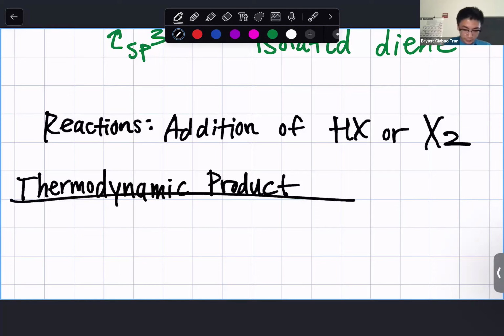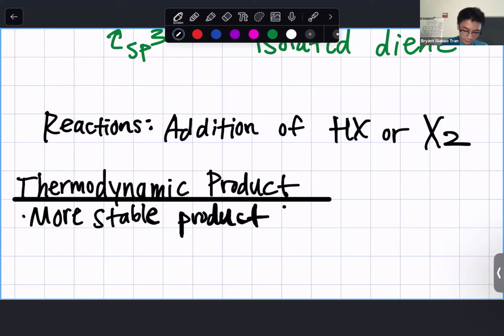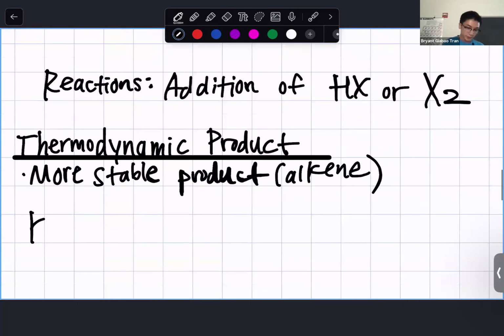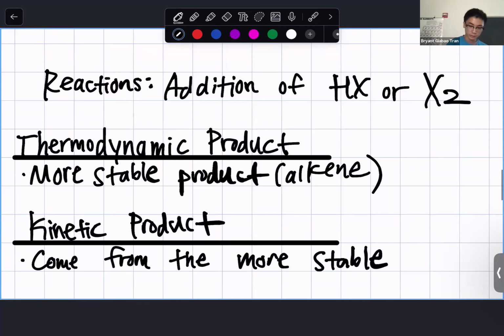The thermodynamic product will be the more stable product, like the more stable alkene in this case. The kinetic product will come from the more stable intermediate.